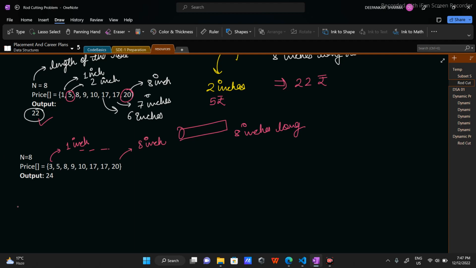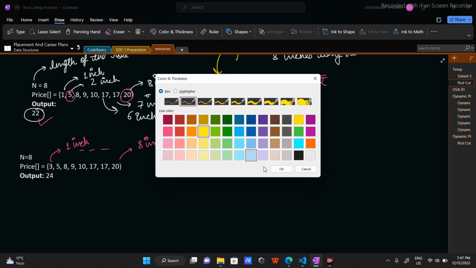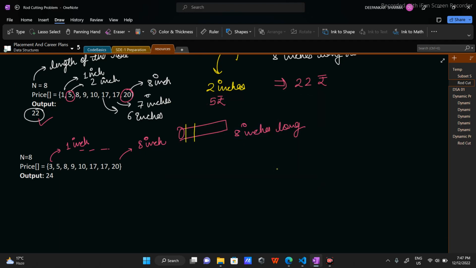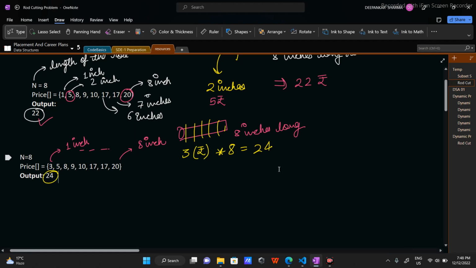All right, so if I went to market and cut up this rod into 8 pieces of 1 inch long, each costs me 3 rupees, and then into 8 pieces, that will be 24. All right, so the output is 24. Got it? So this is the problem statement.